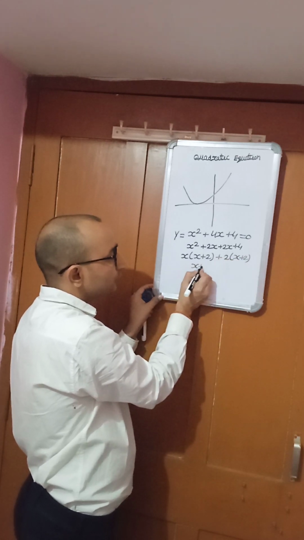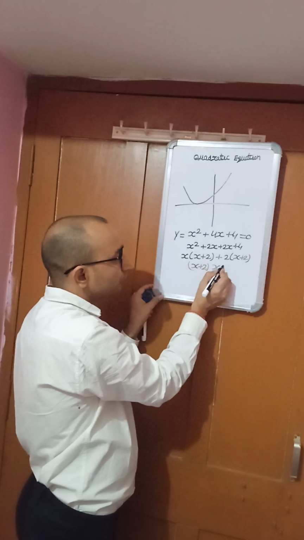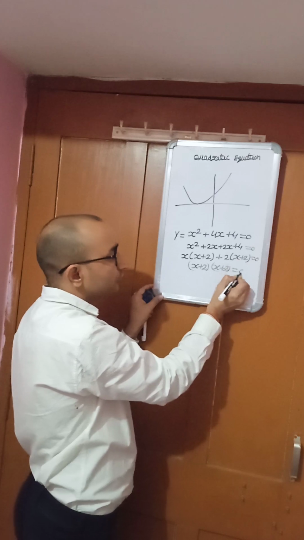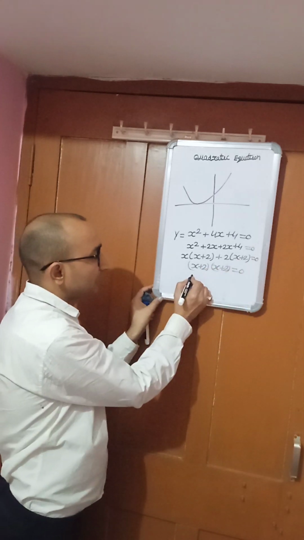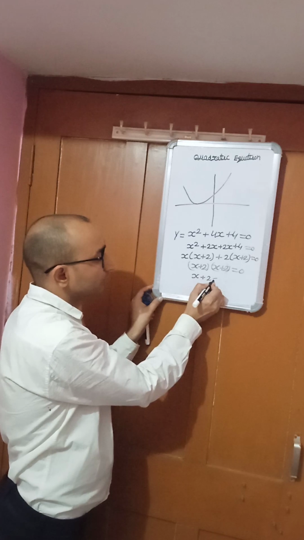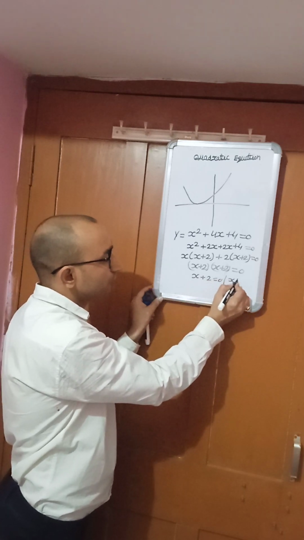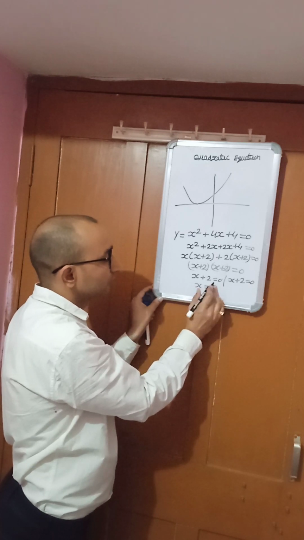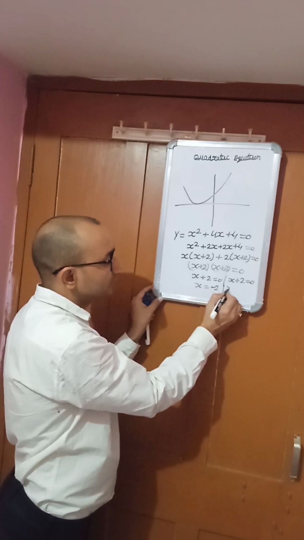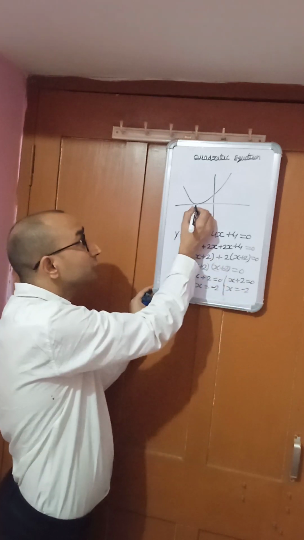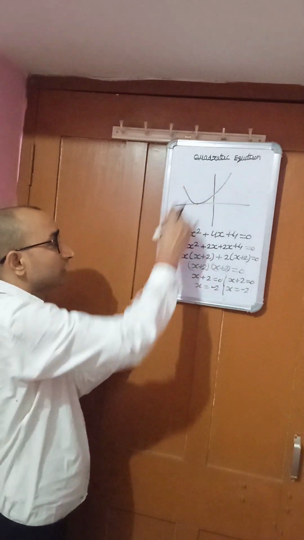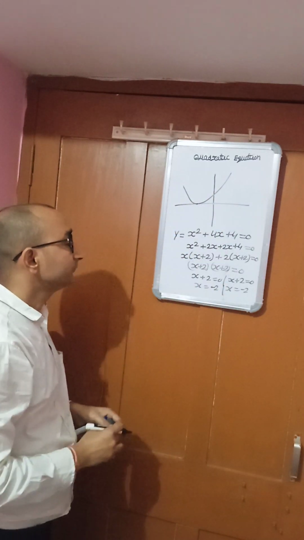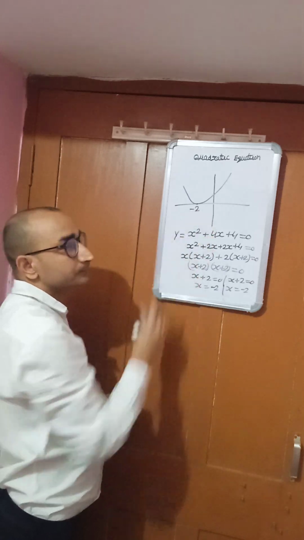So here x plus 2 and x plus 2 equals to 0. Say here x plus 2 equals to 0 and x plus 2 equals to 0, then x equals to minus 2. So such types of graph can be drawn if both the roots are equal. Here x equals to minus 2.